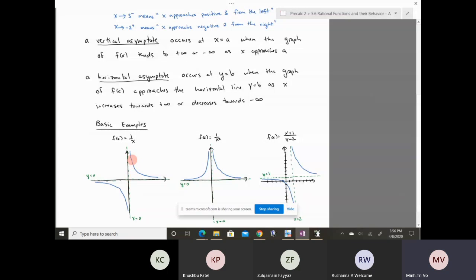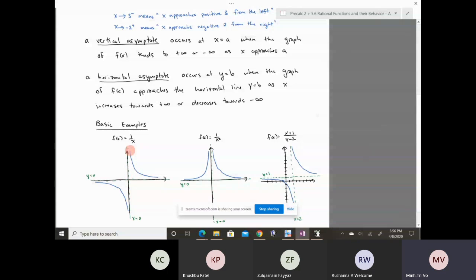Here you can see it's bending towards the y-axis and going upwards here, and it's bending towards the y-axis here, but going downwards. So if you see something like this, that means there should be a vertical asymptote at that location.